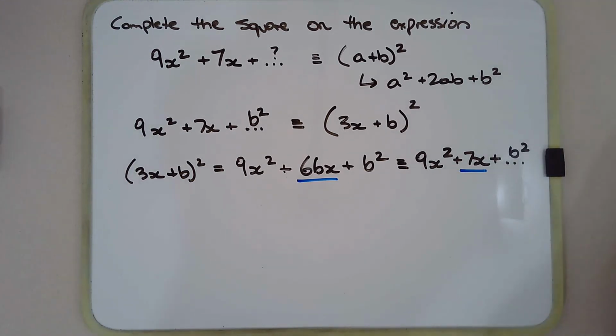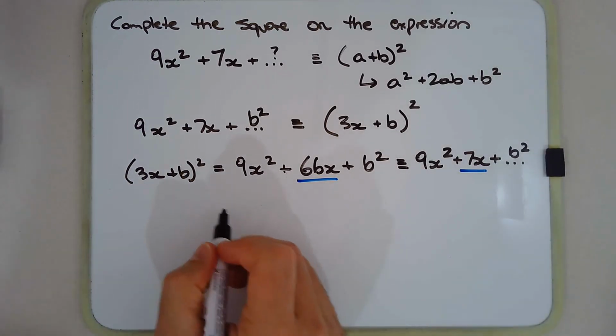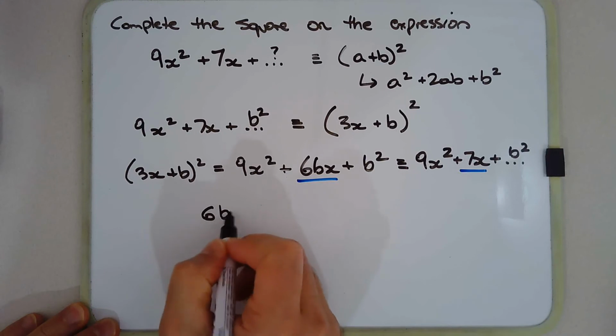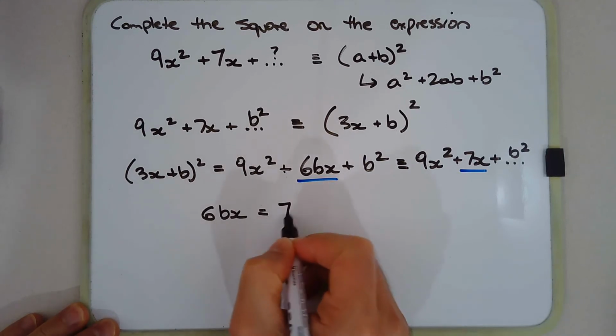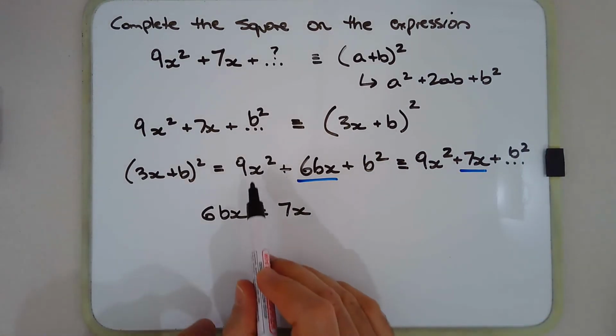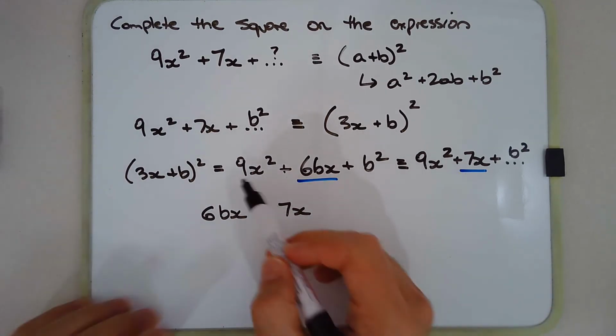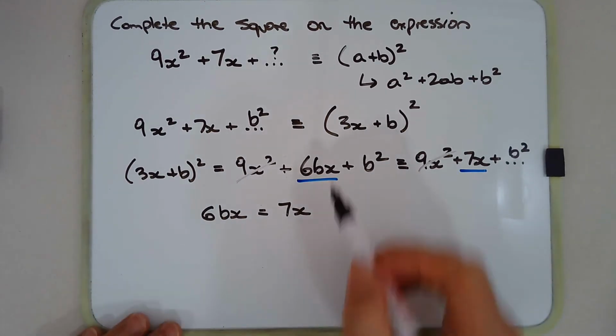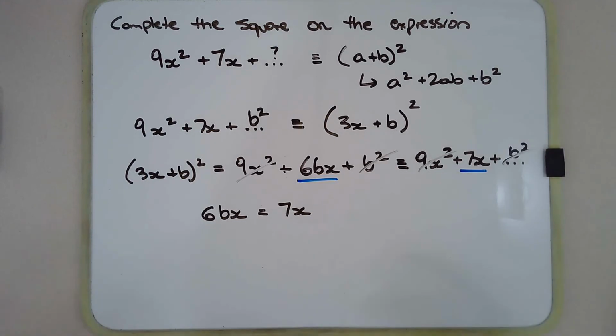So let's equate these two separately. We've got 6bx is equal to 7x. 9x squared is equivalent to 9x squared there, so we don't have to worry about these two. This b squared is equivalent to this b squared, so we don't have to worry about that.